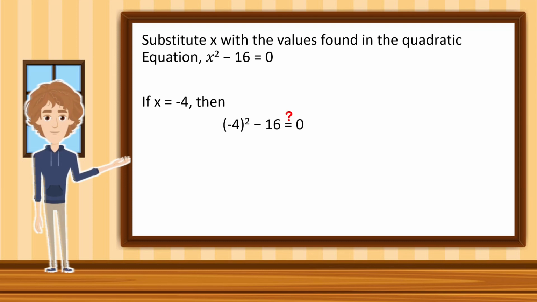Then, the quantity of negative 4 squared minus 16 is equal to 0? Let's see. 16 minus 16, is it equal to 0? And 0 is equal to 0. Therefore, x is equal to negative 4 is a root of x squared minus 16 is equal to 0.